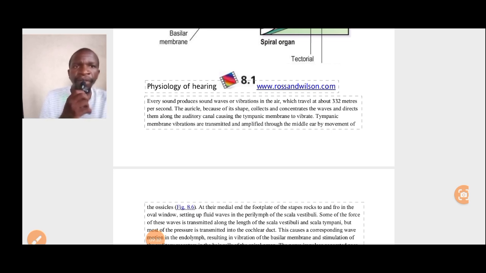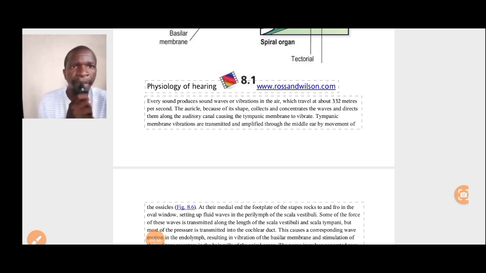Are you really grasping what we are saying? First, the pinna collects the sound waves because of its shape. Second, it concentrates and directs them along the external acoustic meatus until they reach the tympanic membrane, causing it to vibrate.